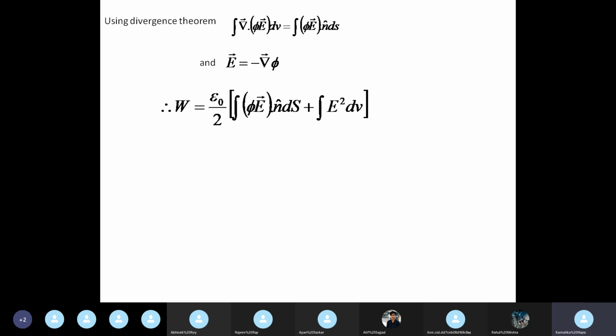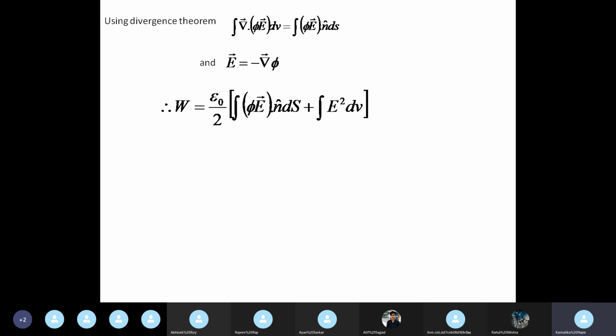Suppose you have considered a particular surface that encloses a volume which has volume charge distribution rho, and from that you calculate the work done. Now, if you increase the volume by a certain amount, the extra volume that you include does not have new charges. So the result will not change, work done will not change.